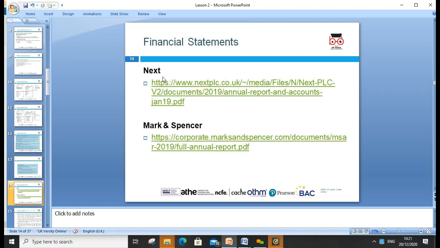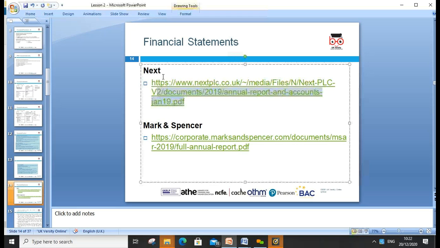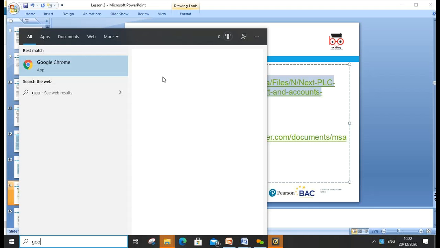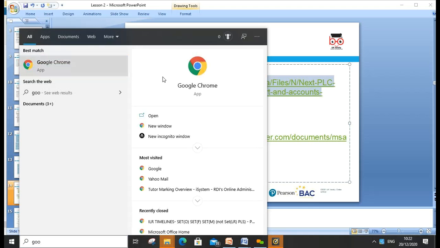So all of this has been explained. Today we will look at two companies' accounts. One is called Next, a company selling clothes, very popular, with websites throughout the world. The second is Marks and Spencer. Both are British companies, both selling clothes, with different products.